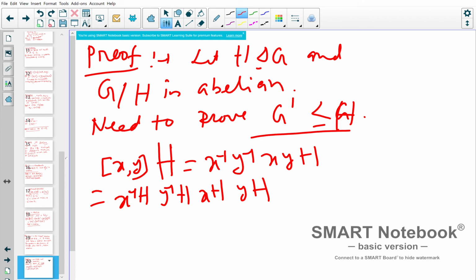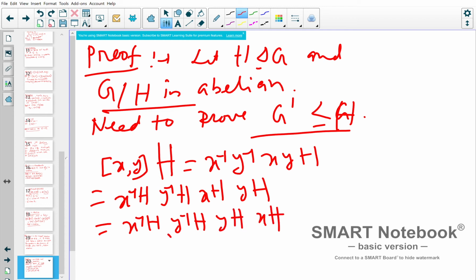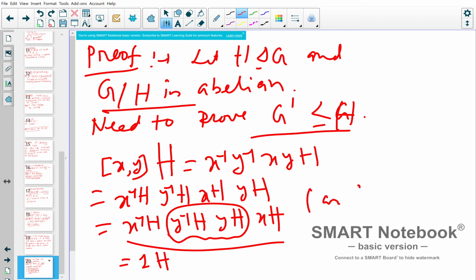But we also know that G mod H is abelian, so these elements commute with each other. So you can just interchange those things and write yH and then xH. Now you see that these things become identity, and once this becomes identity, the whole thing is nothing but 1 of H, right? Clear? As G mod H is abelian.